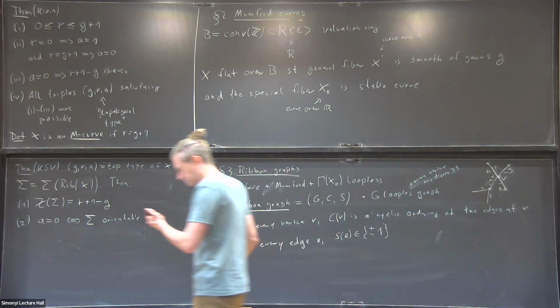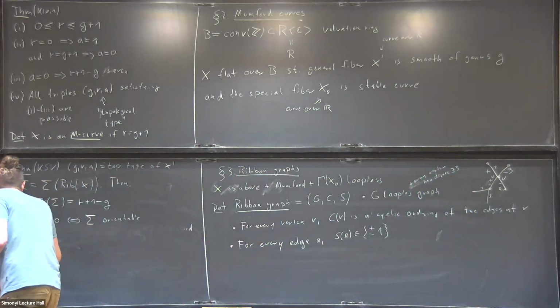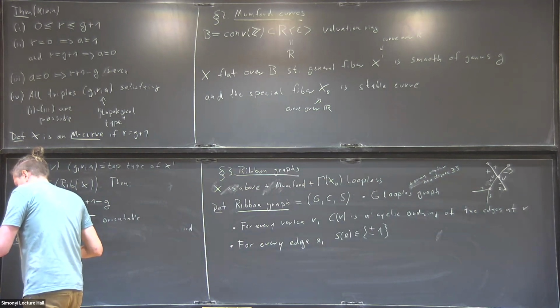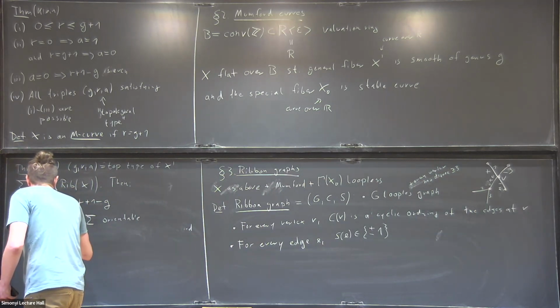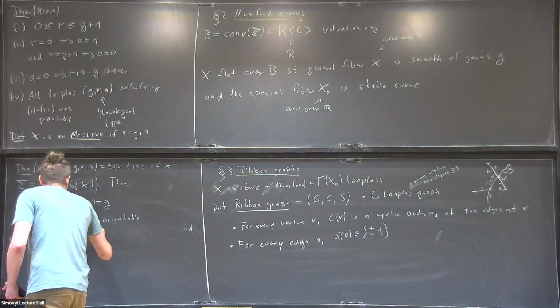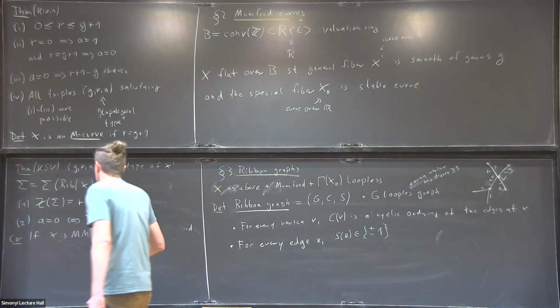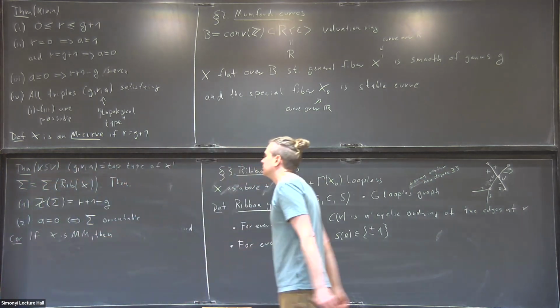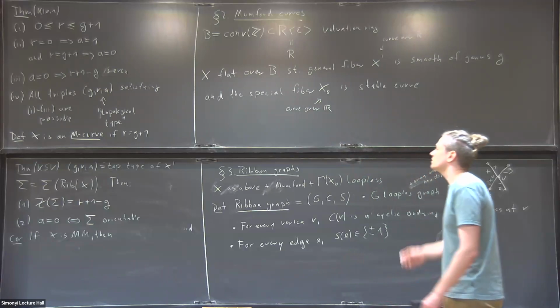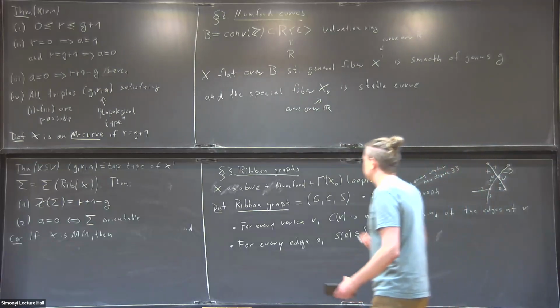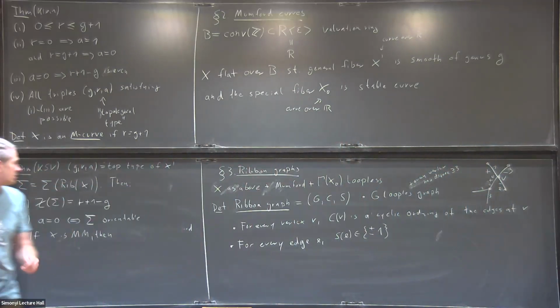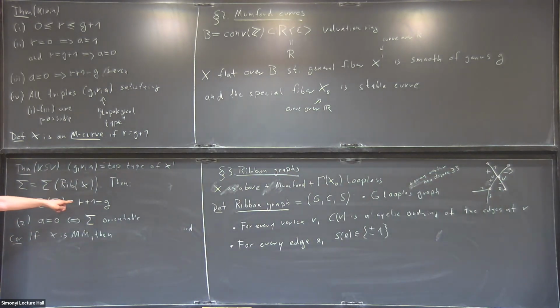So for example, if X is a maximal Mumford curve, so it's a family of M curves converging to X naught, what do we get? We get R is equal to G plus 1.